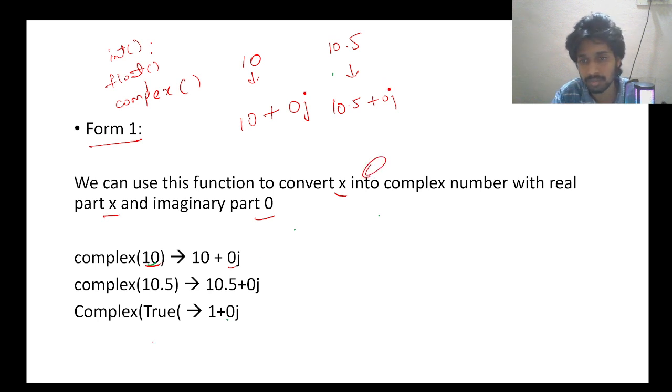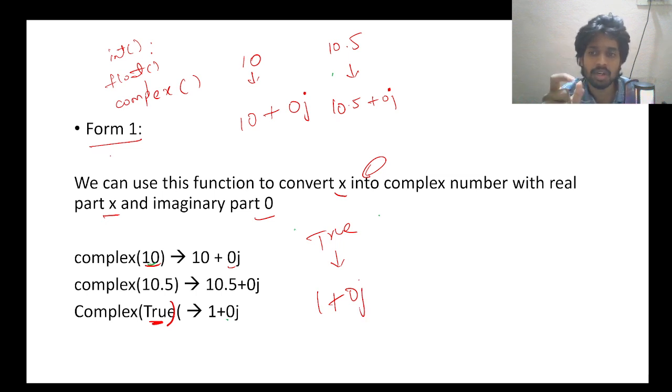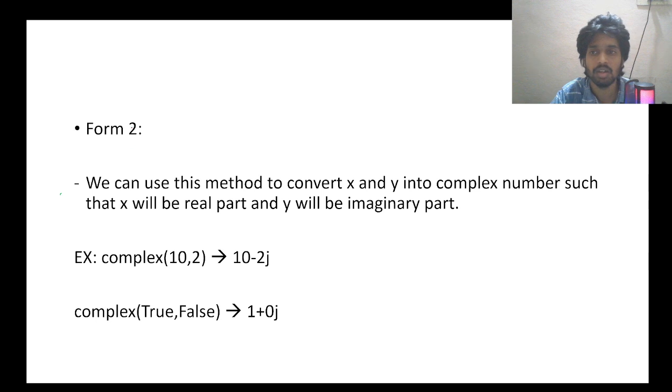And if I convert the Boolean True, we know that True is internally represented as 1, so I'll get 1 plus 0j. This is form 1. I can just specify one number, and using that one number, it will get converted into a complex number.